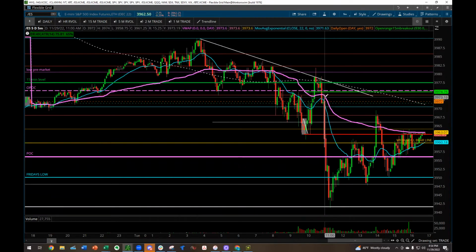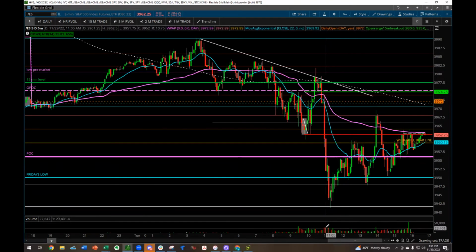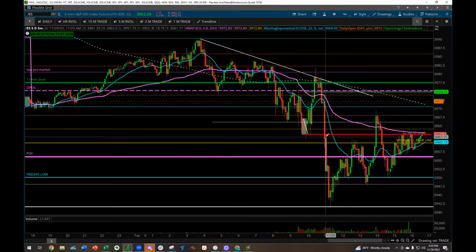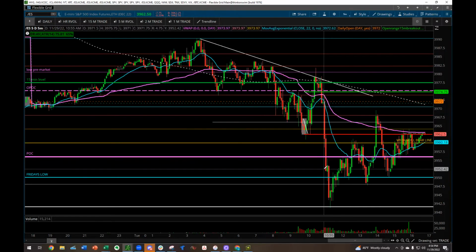To make a big bar, you typically have a lot of volume, compared to what we saw. So there are heavy sellers, and that typically will keep driving it down. Unless it's a specific news-driven event, when you see a big bar like this, you typically see another bar and it keeps continuing down.